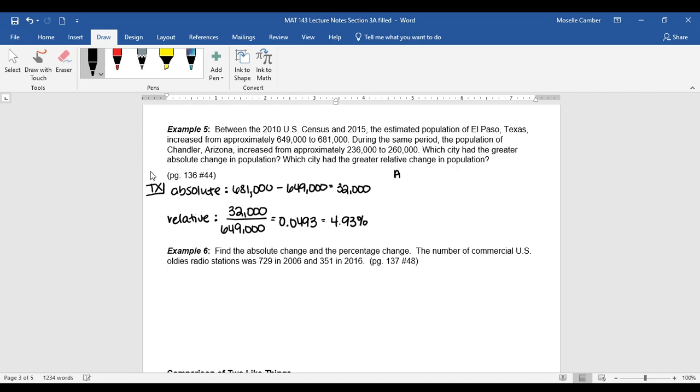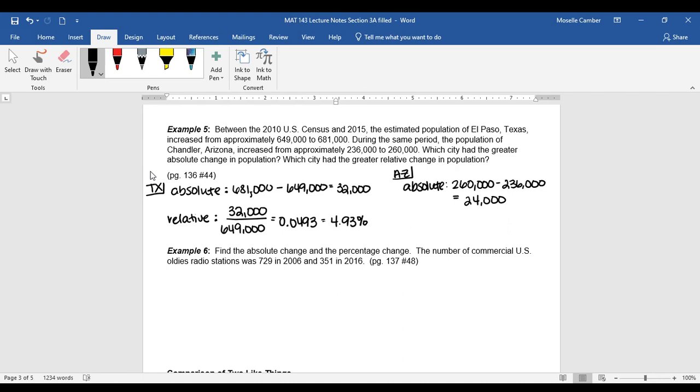Okay, now let's look at Arizona. The absolute change in Arizona went from 236 to 260. So 260 is my new, 260,000, and we're going to subtract off my old, which is 236,000. Over here, we get 24,000.